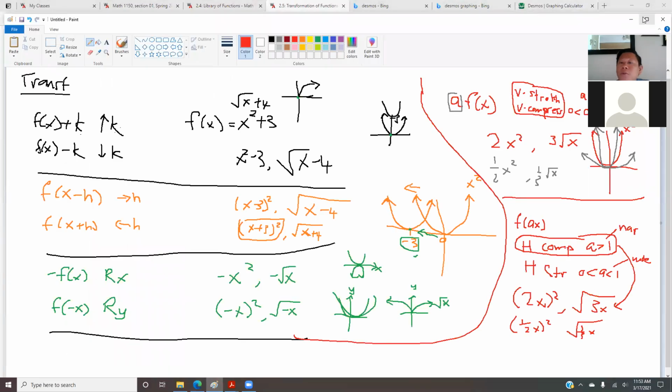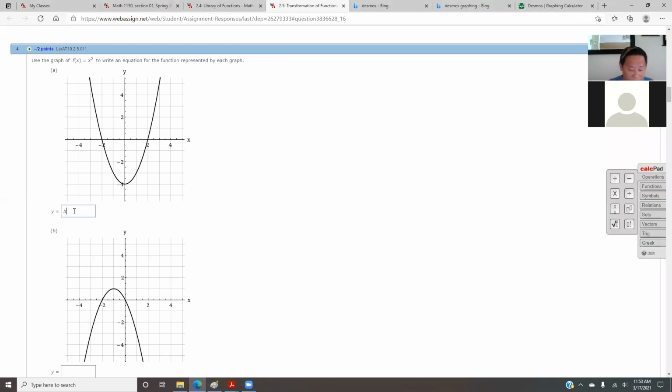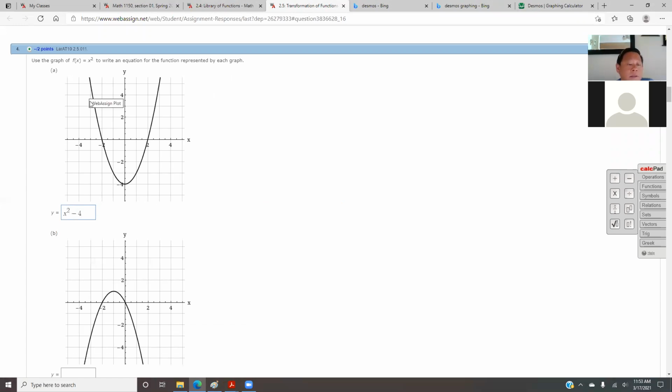So when you move down 4, where should we put that number? Should we put it inside like this or outside like that? Outside. Yep. So your answer in this case will be x squared minus 4, because it's been moving down 4.